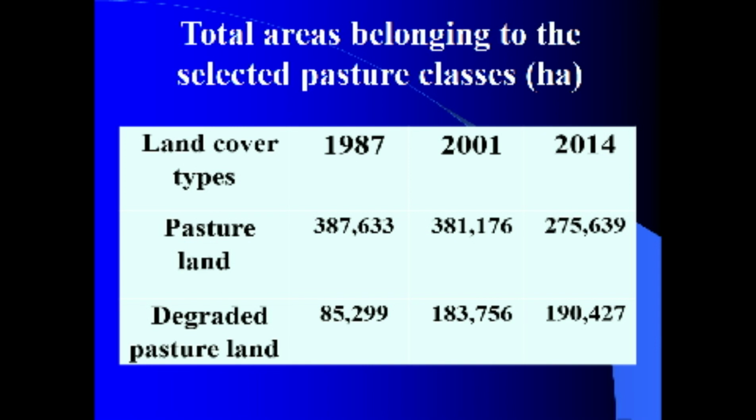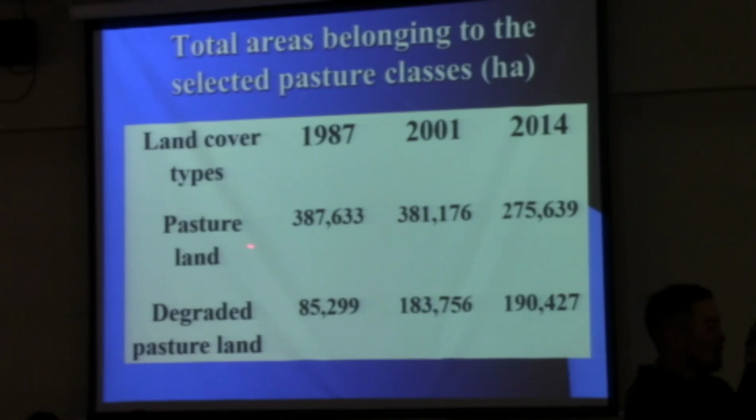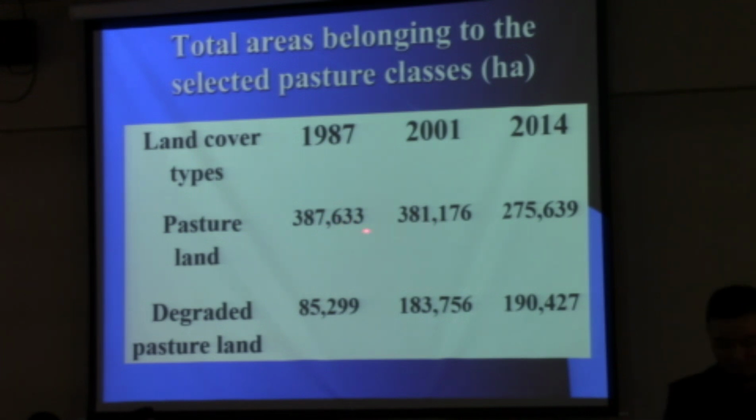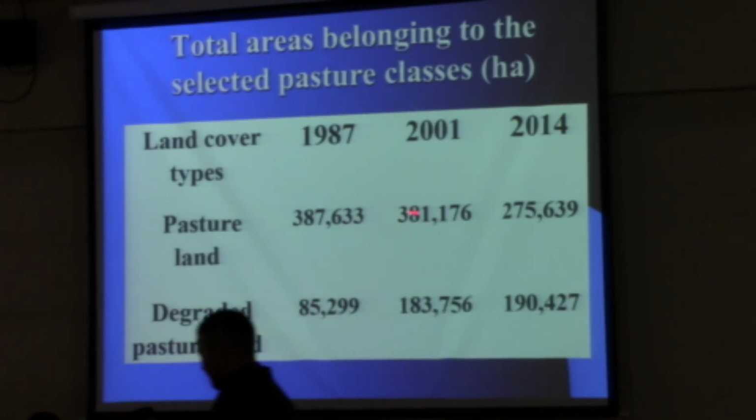Meanwhile, in 2001, the pasture land had been degraded to 381,176 hectares, while degraded pasture land occupied 183,756 hectares.